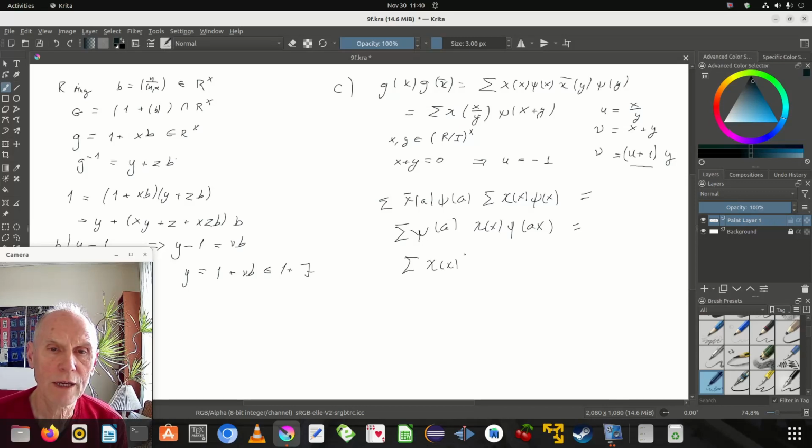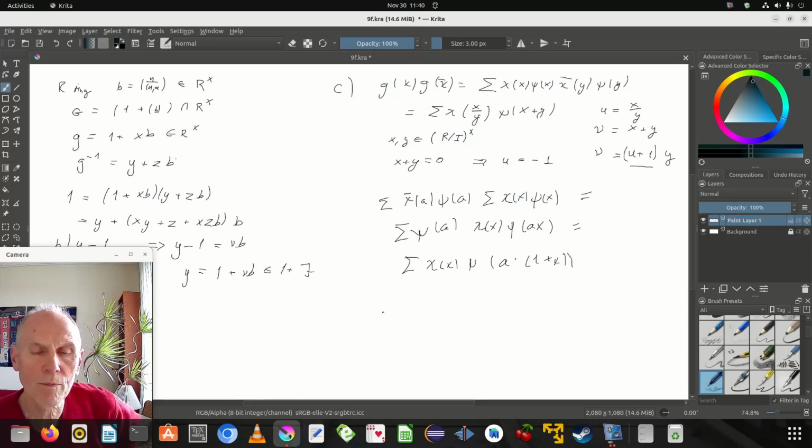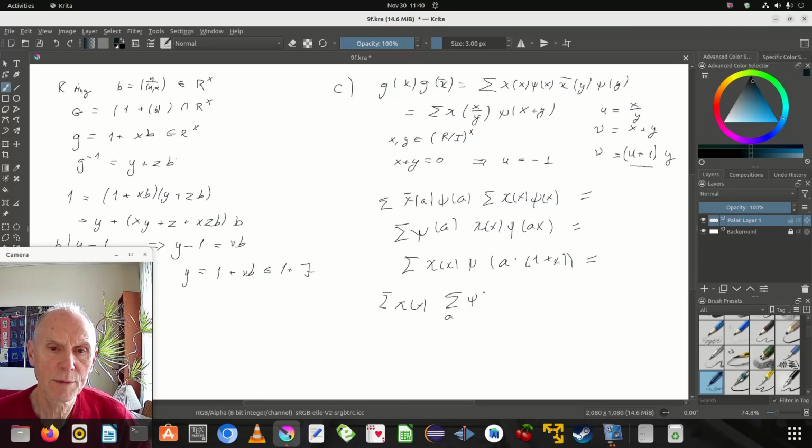Chi of x, psi of a times 1 plus x. And we can take out the summation of a here. So we just take a sum of chi of x and then summation over a of psi of a times 1 plus x.